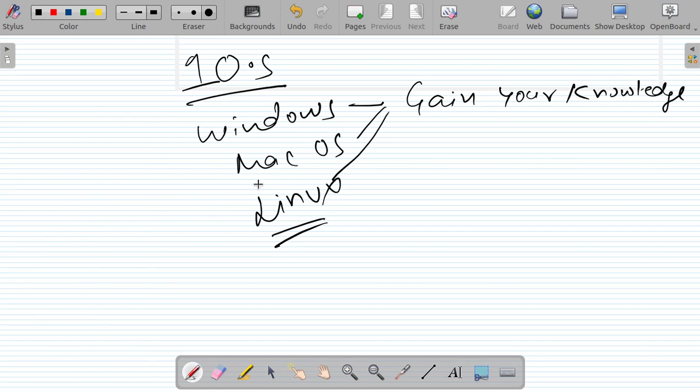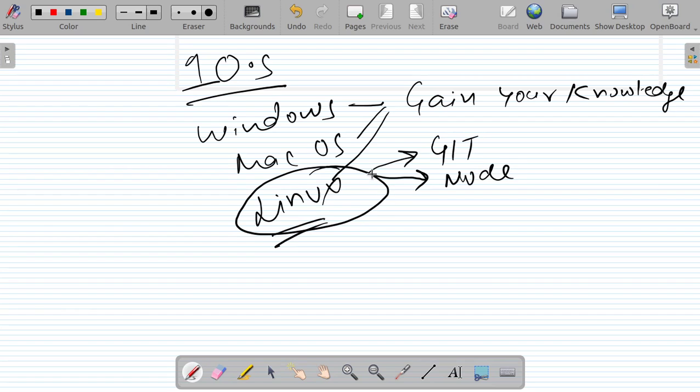Also, if you are a developer, it is very beneficial to use Linux, because if you use a version control system like Git, or if you are a web developer you may be using Node, or if you are a Python developer you may be using Python. All these include some kind of command line interface.